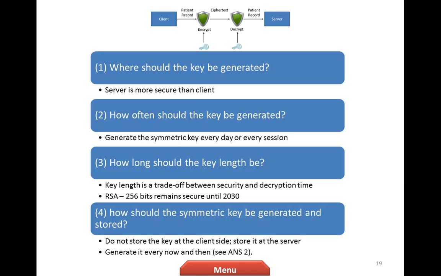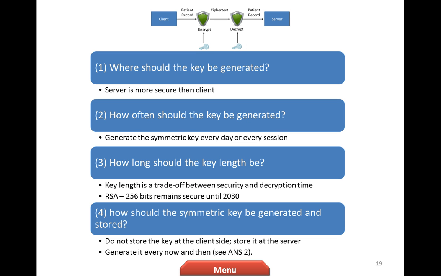Cryptographic constructs give us the guarantee that getting the plain text out of the ciphertext is going to take a long time. That's a guarantee provided by cryptographic constructs. And how long should the key length be?